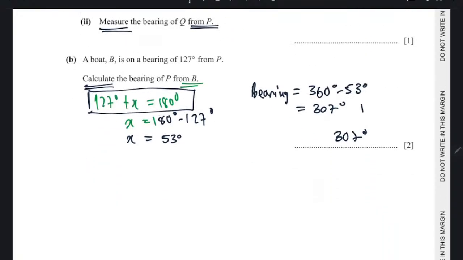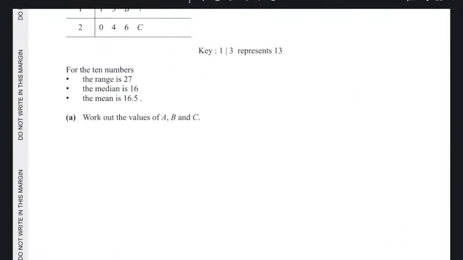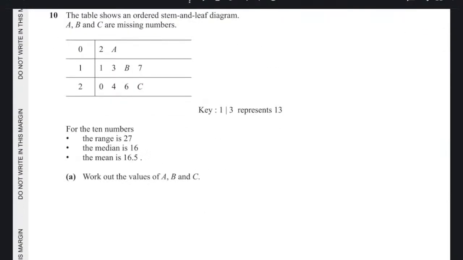That's stem and leaf. Here is where it's tricky when it asks for mean or something. They gave you range, so let's write range. Range is 2c minus 0.2.